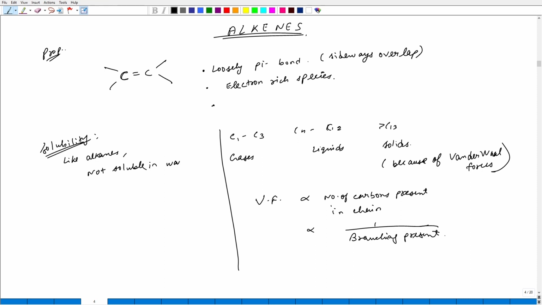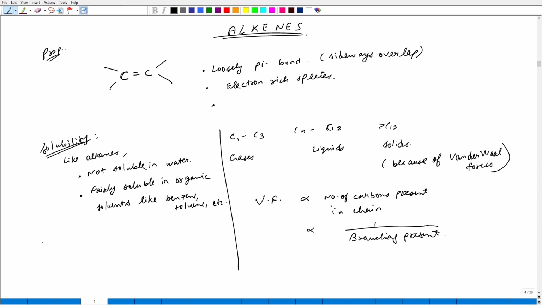Not soluble in water, although their polarity is slightly higher than the alkanes, but still not soluble, and we can say they are fairly soluble in benzene, toluene, etc. Okay.